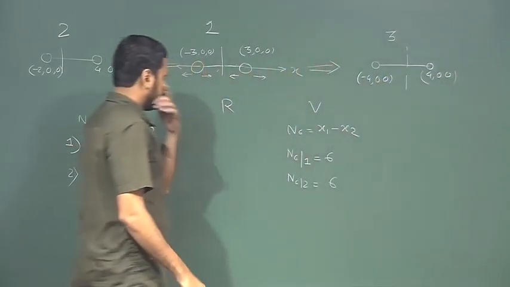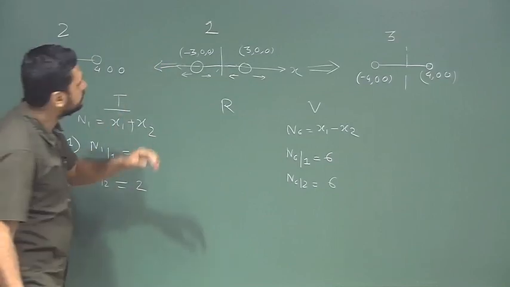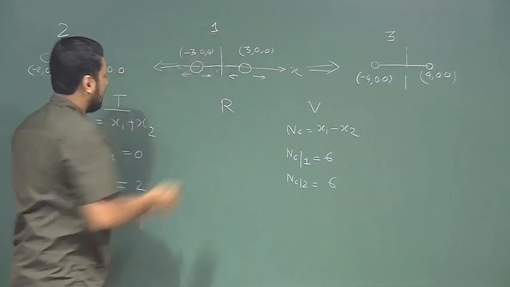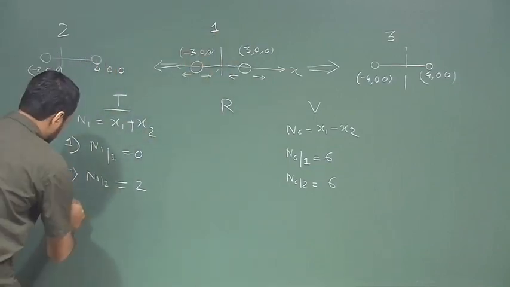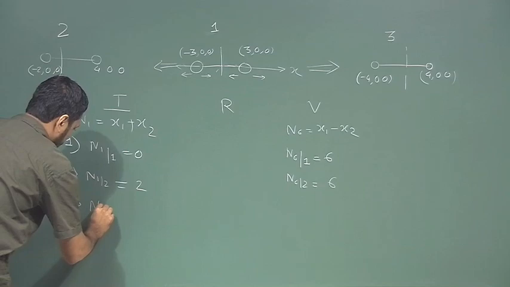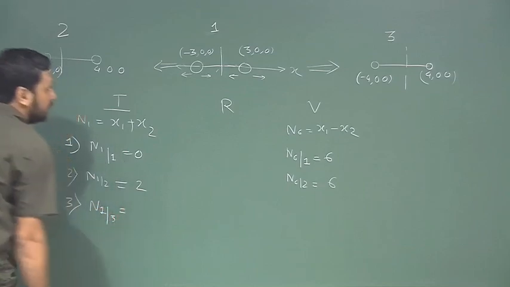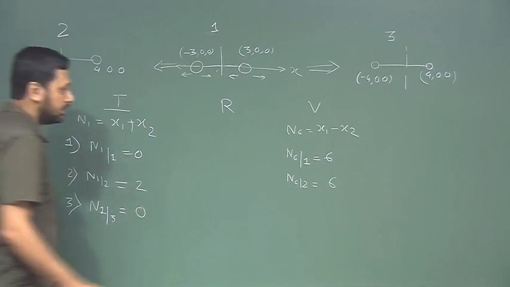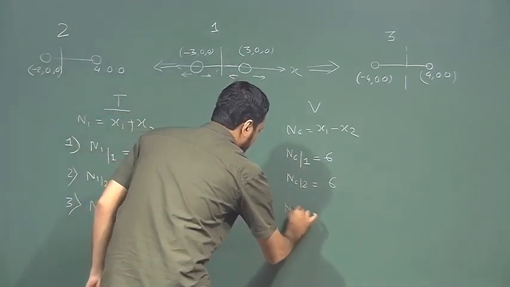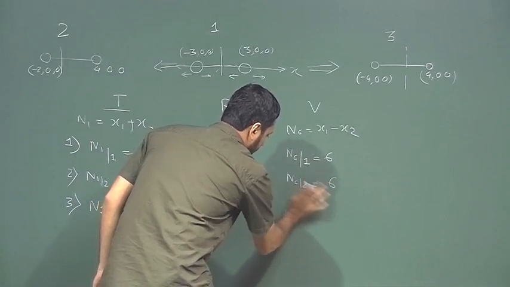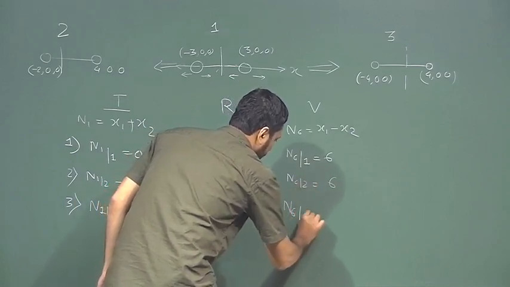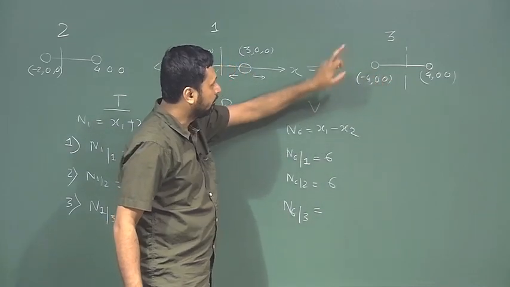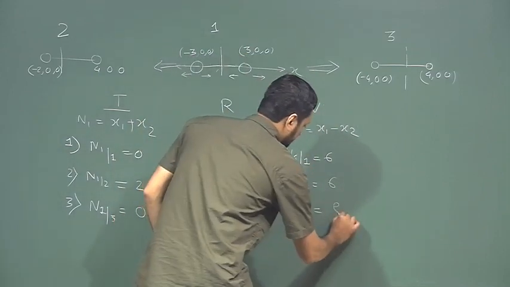Let us see what happens to this coordinate first. N1 at position 3 is minus 4 plus 4, which is 0, and N6 at position 3 is 4 minus minus 4, which becomes 8.